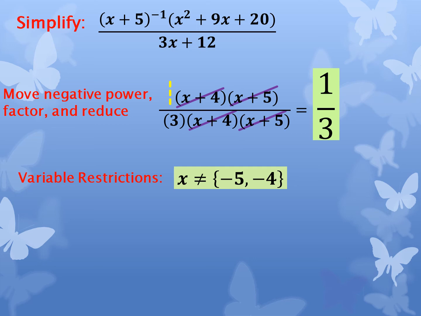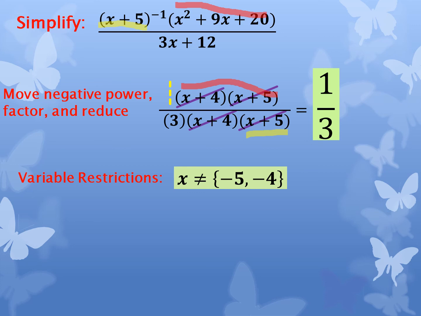So here we go. The first thing we did was we took this x minus 5 and put them down here on the bottom. Then we factored the top. So we factored this top here, and it became these guys, okay?